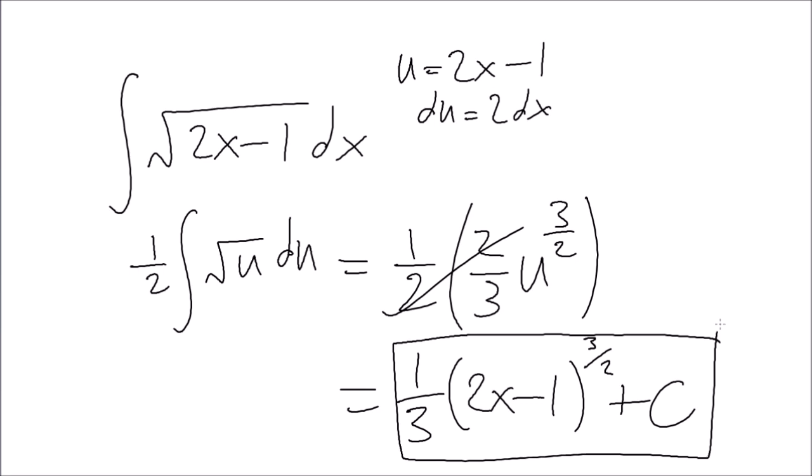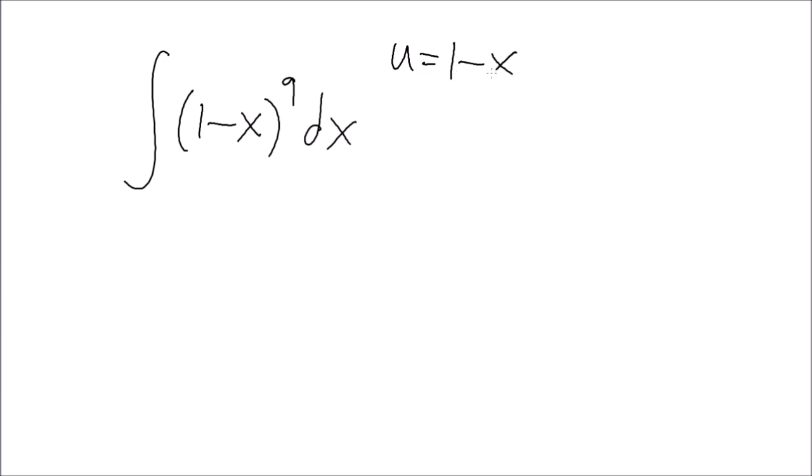Cool, so we got this. On to the next integral. How about 1 minus x to the power of 9 dx? Thank goodness we have U-substitution. Otherwise, this would be ugly. Expanding this, no thank you. Thankfully, this is a linear polynomial, so we can let u equal 1 minus x. Don't forget that du is negative dx.